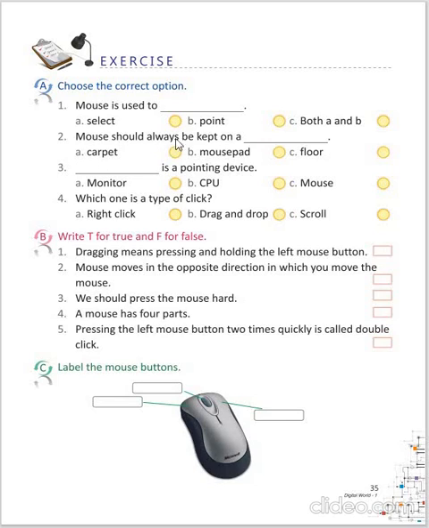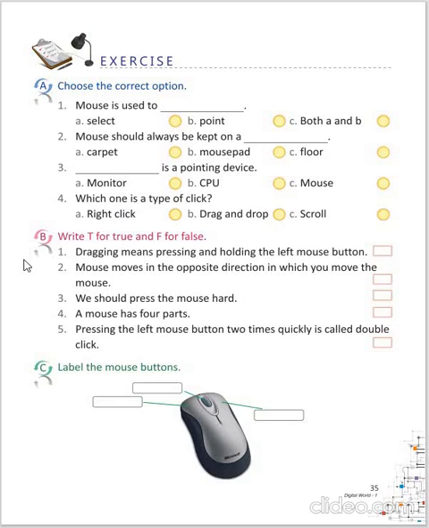Mouse should always be kept on a mouse pad. Mouse is a pointing device. Which one is a type of click? So right click.